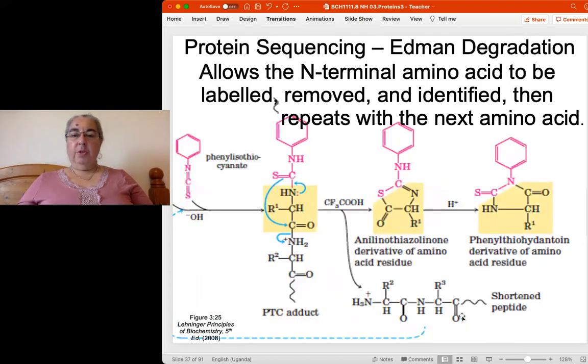Okay, so how do we actually find out the sequence of amino acids within each of those short peptide fragments? So this is protein sequencing by a method called Edman degradation, and it's somehow similar to the method we use to find the N-terminal end, in that it labels the N-terminal amino acid.